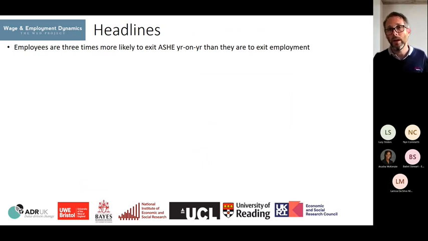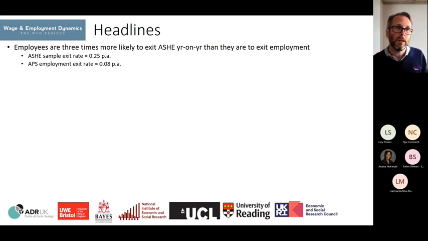So just to give you the headlines, employees are 3 times more likely to exit the ASHE panel year on year than they are to exit employment. So as you've seen, 75% of people are retained in ASHE year to year. So we've got a sample exit rate of 0.25. 25% of people typically leave ASHE year to year. If you look at the annual population survey longitudinal data, that suggests that the rate at which people exit employment is about 0.08.